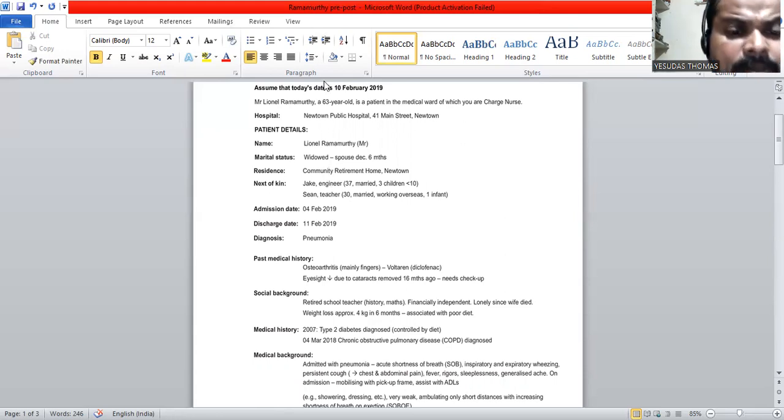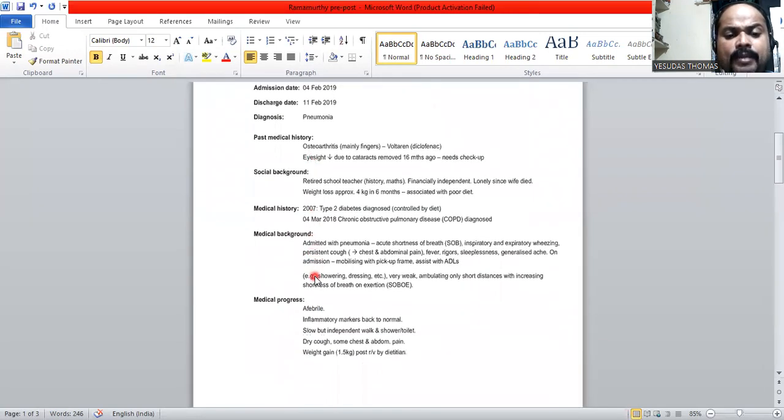He was admitted to the hospital on 4th February. Discharge date is tomorrow, so today is the 10th and tomorrow he is getting discharged. Diagnosis is pneumonia. We don't need past medical history or social history; medical background is needed.